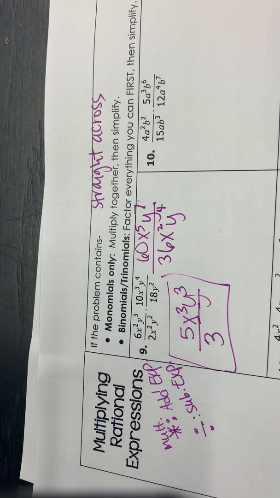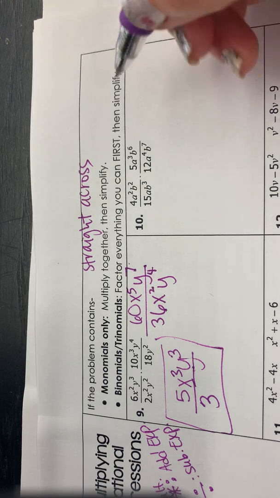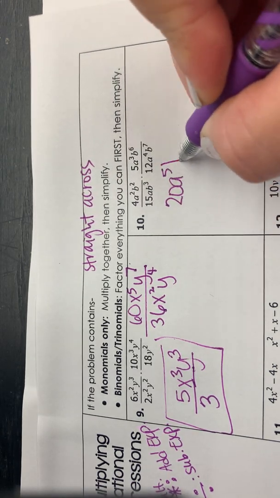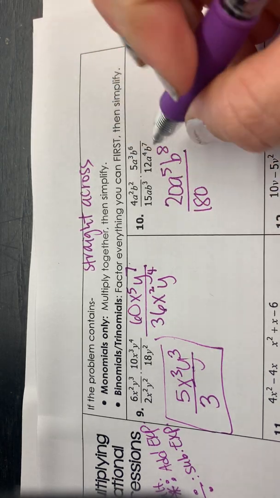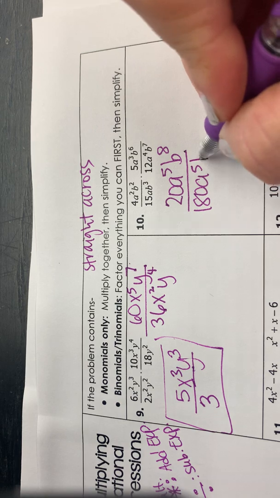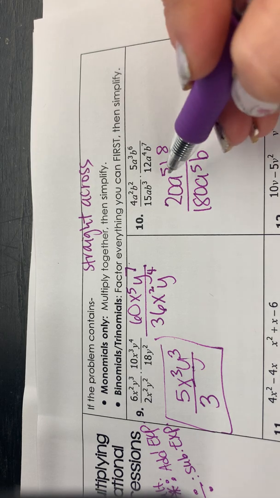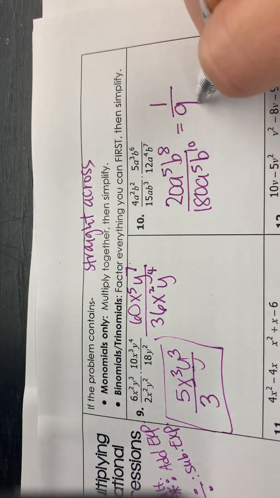If you want to pause and try number 10, I'm going to give you that answer. When you multiply straight across, 20a to the 5th, b to the 8th, over 180, a to the 5th, b to the 10th. 20 divided by 180 gives you 1/9.